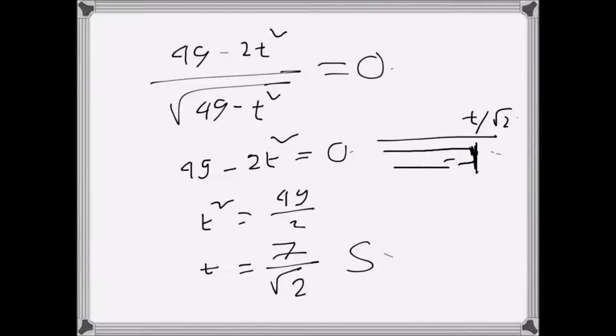If we want to find how far the particle moves altogether, we have to see what x is when t is equal to 7 over root 2.